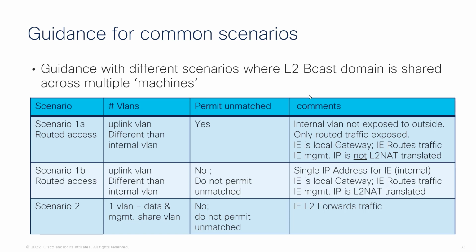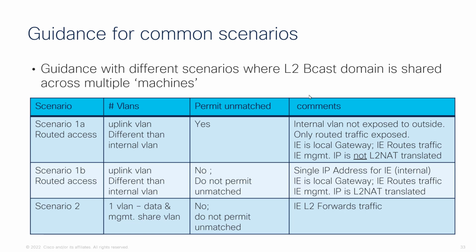And while scenario 1A using routed access may seem more complex, or may even look from the outside as if you're doing more of a router or firewall type of layer 3 NAT, because we are routing it, so it may look or appear that way, although that's not what's happening.